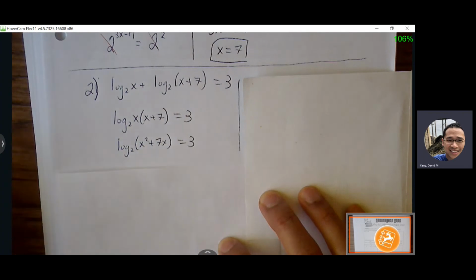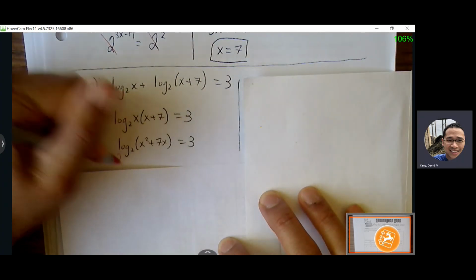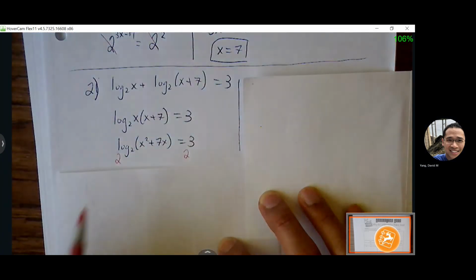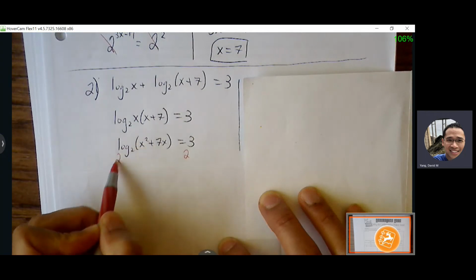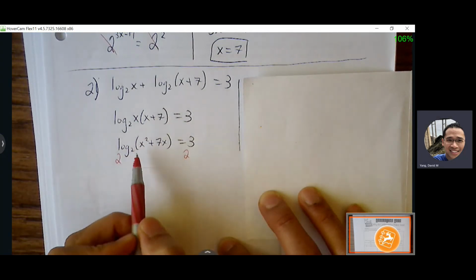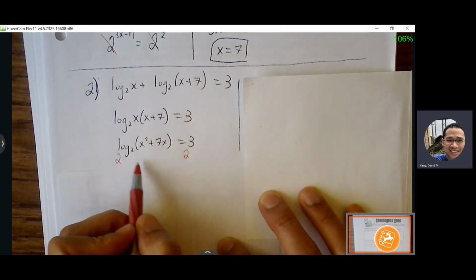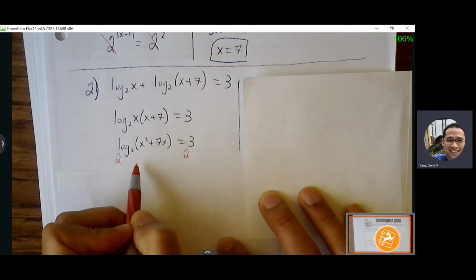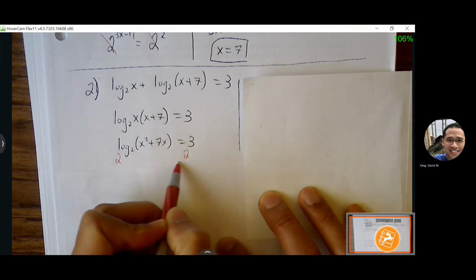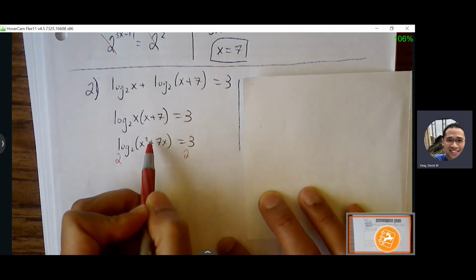You can either think of it as 2 raised to the powers, and that way you can get the log base 2 to go away, or you can go through that circular form to pick up all the numbers as you go along that process. 2 raised to the 3rd power is equal to the parentheses.